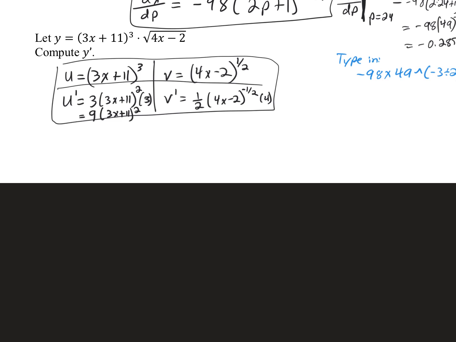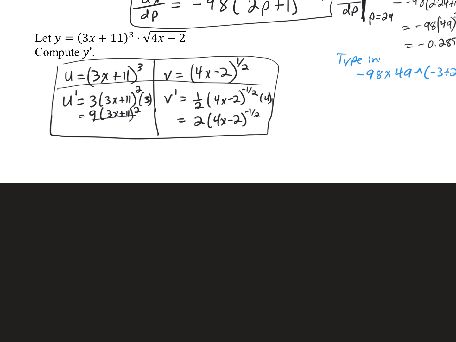So I preemptively drew my box, which maybe I should not have done. Let's get rid of as much of that as I can, and then let's write this down. So v prime is equal to, I'm going to multiply 1/2 times 4 to get 2, then that will give me (4x - 2) raised up to the -1/2 as the rest of my v prime function.